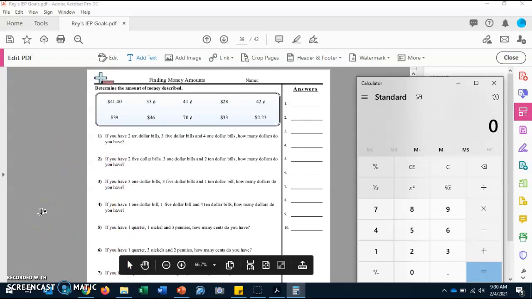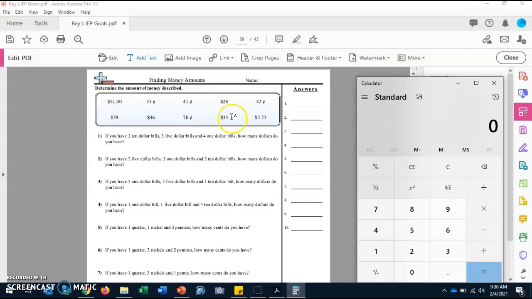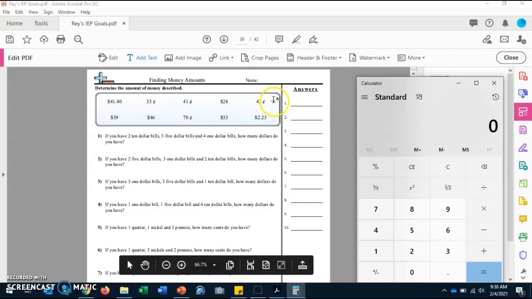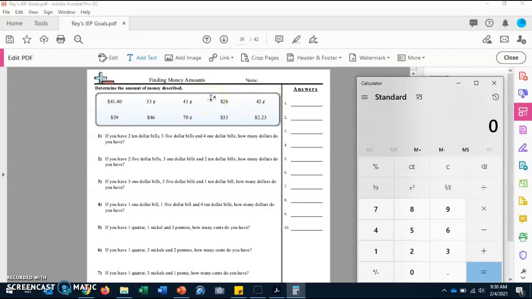Here on the top, it says determine the amount of money described. And then here we have our answer bank or word bank. These are our answers. They're just not in order. And this is going to help us find the correct one.